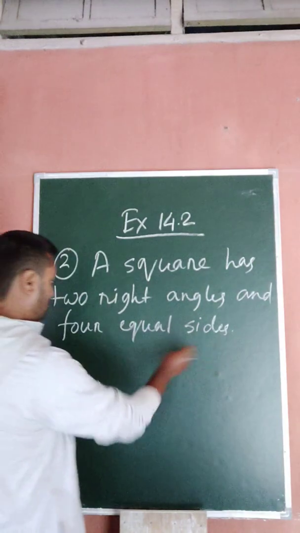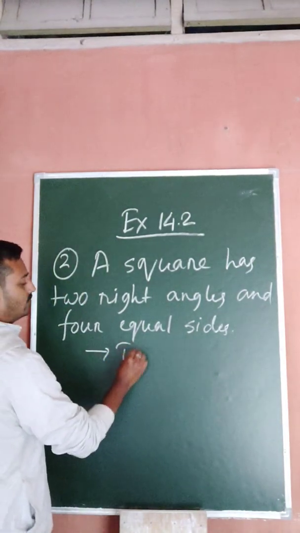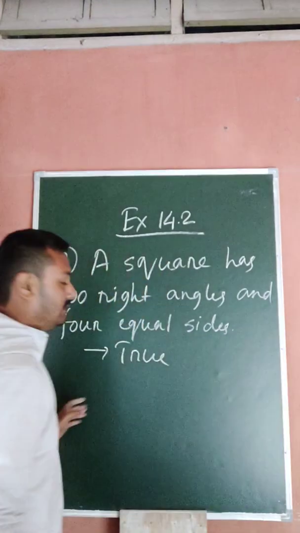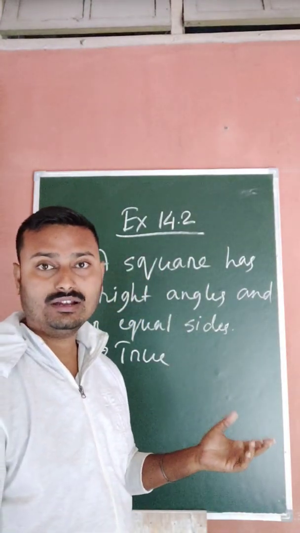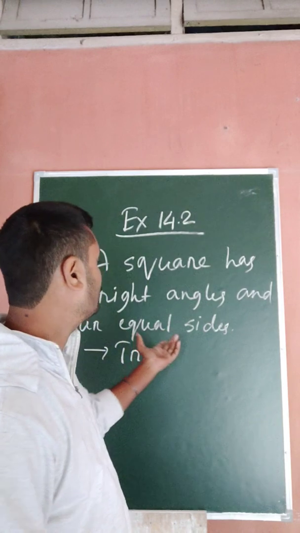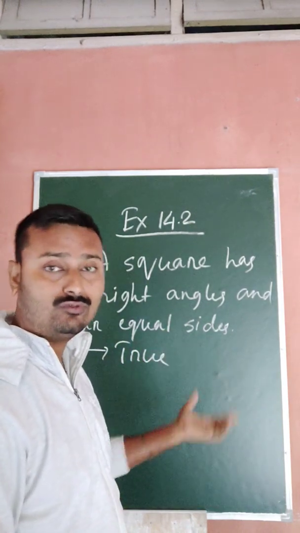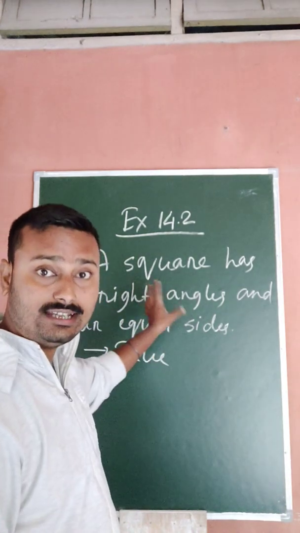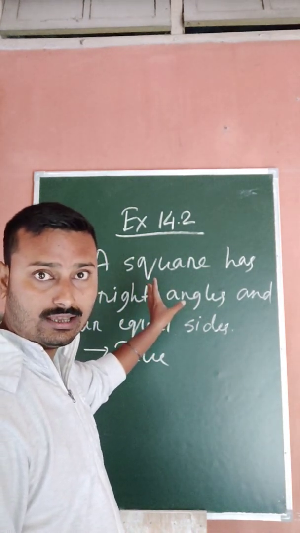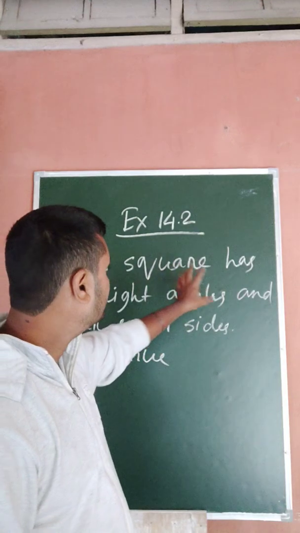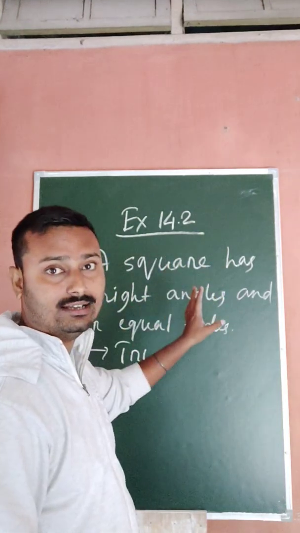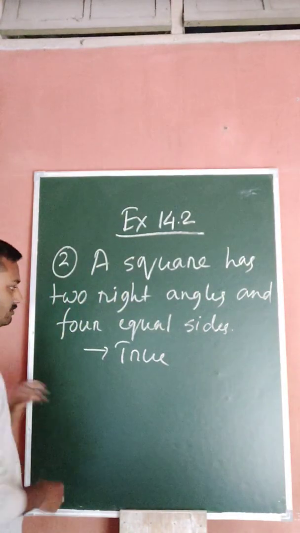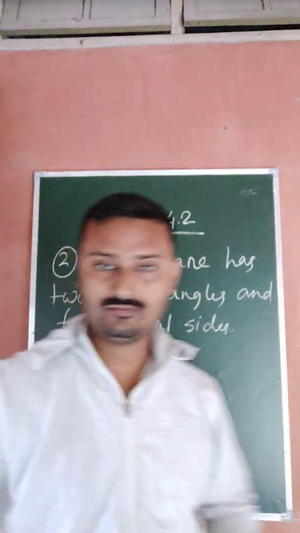So don't get confused by this. This one is true. Don't ask me, sir, that a square has four right angles. In this question this is true, because yes, of course, four right angles, but here it is saying two right angles and four equal sides; 2 is inside 4. Okay? Clear? If the question is a square has only two right angles, then that will be wrong. So, true. Next video I will solve the next question.